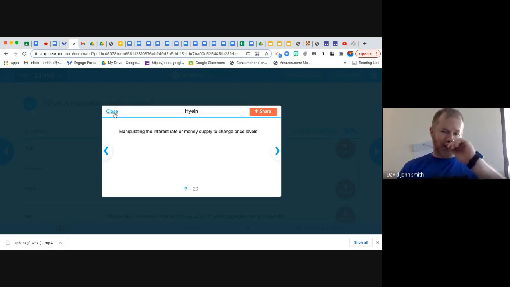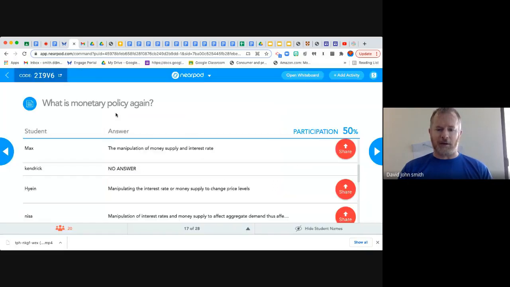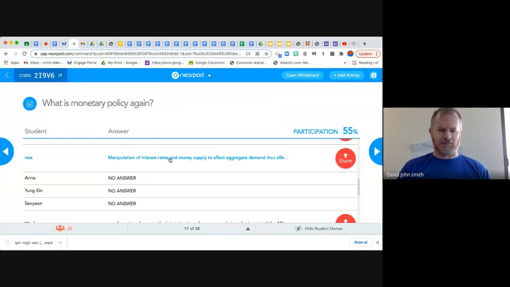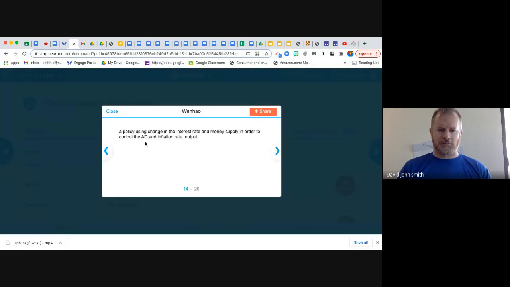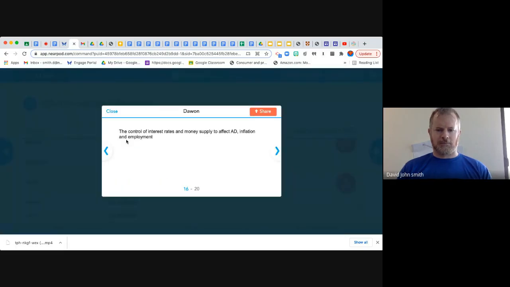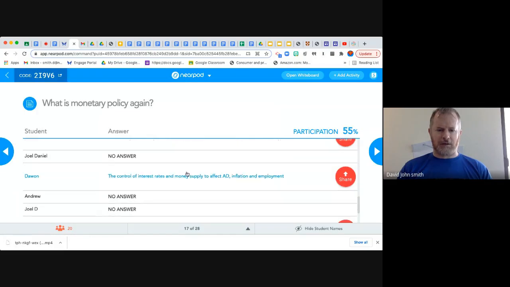It can also be influencing other macroeconomic objectives. So, say, for example, unemployment would be a possibility, and economic growth. So, it's whatever their macroeconomic objective is. Good. Well done, Nisa. Yes, Doan, that's right.